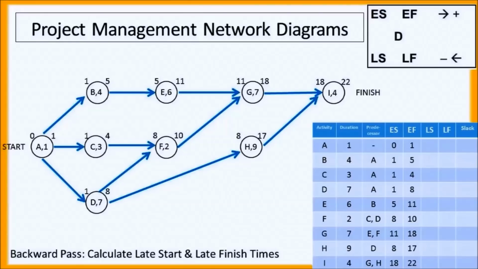And now we are going to calculate the backward pass to determine the late starts and late finishes, which just mean what are the latest times that the different steps or different activities in the project can be completed and still be able to finish the project on time, which in this case on time just means as quickly as we can, which will be 22. So the earliest we should be able to finish is 22, and we don't want to go longer than that.